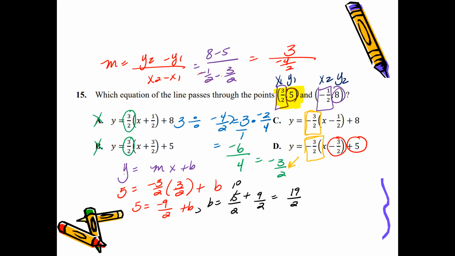And if you take a look at your answer here, which is D right here, you'll notice that you have the negative 3 over 2 times the x and the b right there. So your correct answer has to be D as in dog because all the points match.